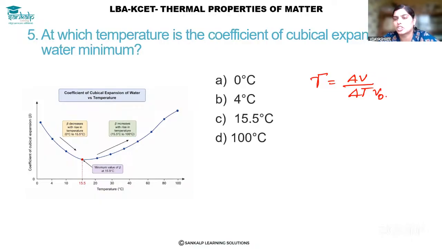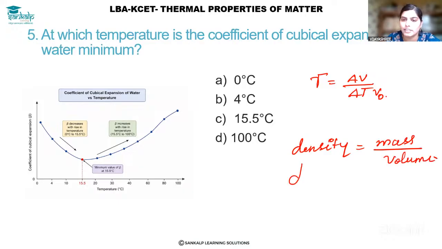Because of the cage like structure, lot of vacant volume is present in that structure, that's why density is very less. Density is equal to mass per volume.